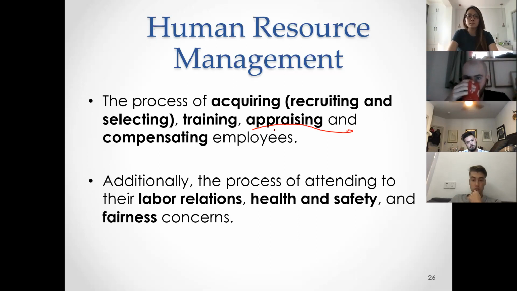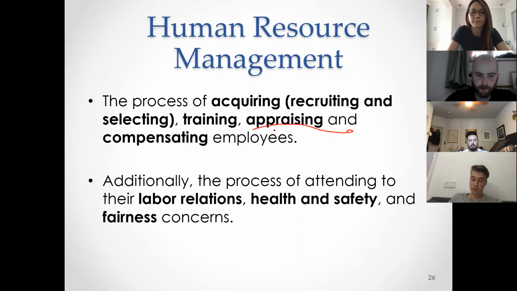So there are 5 things in HR and 3 additional things: 1, labor relations; 2, health and safety; 3, fairness. So 5 plus 3. I do not think of it as 8. I think of it as 5 plus 3 because they're different. The 5 are the core of HR. The 3 additional factors are separate from the core.